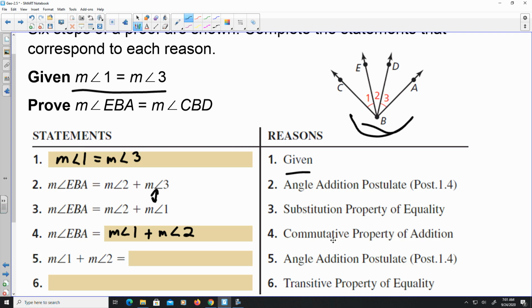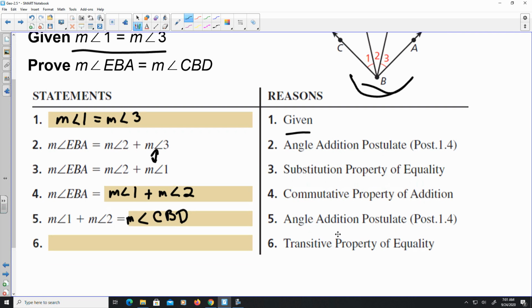So what we now can say is the measurement of angle 1 plus the measurement of angle 2 is going to be equal to, if you notice, angle CBD, the measurement. I'll put the M there.